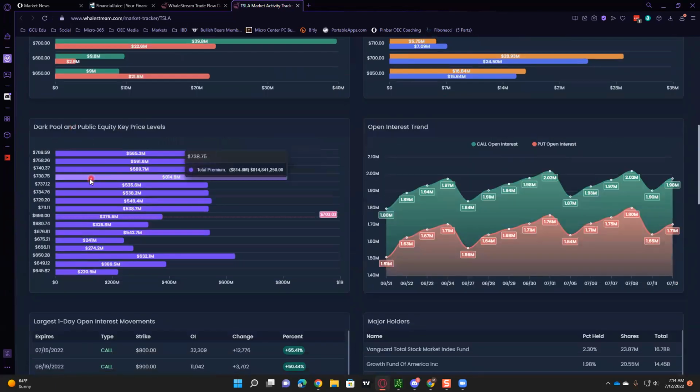And you can also check farther back, right? And get a better idea of dark pool and public levels. So where's our 750 and 700? Well, we've got a 699, and we can see the 703.03 marked there.